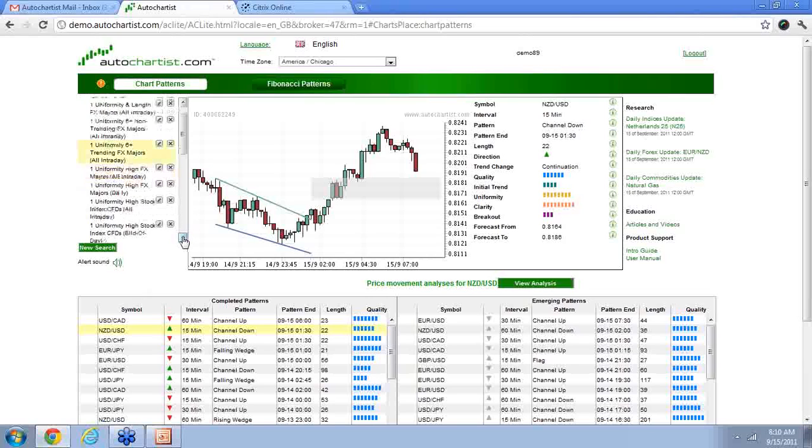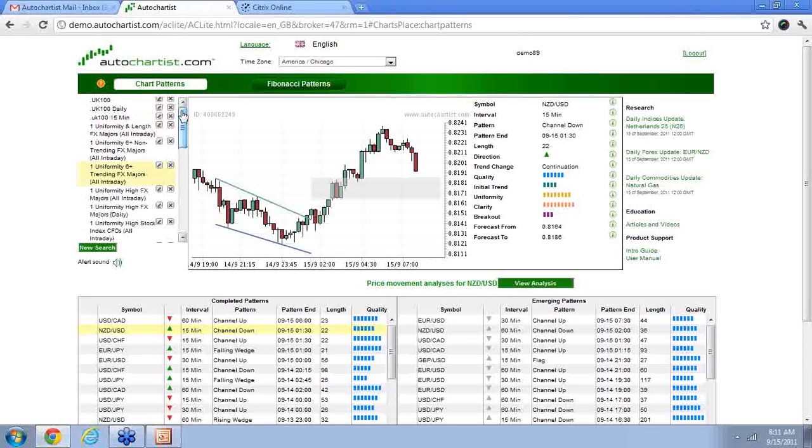I can also control what I'm looking at by going into stock index futures also. So any market that I want to look at, I can control the uniformity, and I can control the types of charts I want to look at and experience throughout my trading sessions.